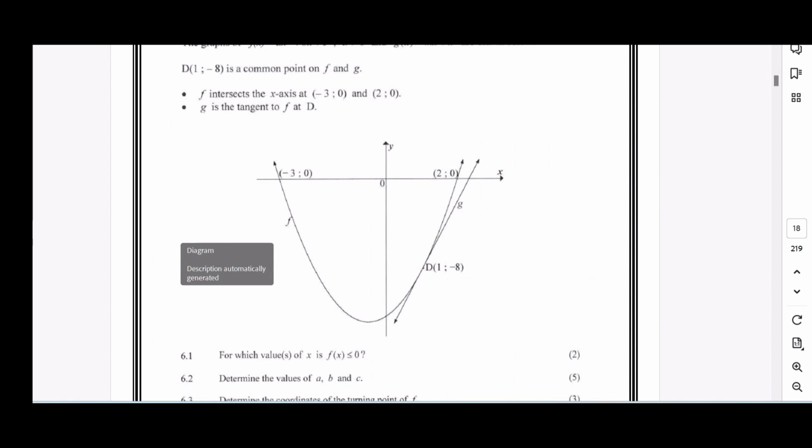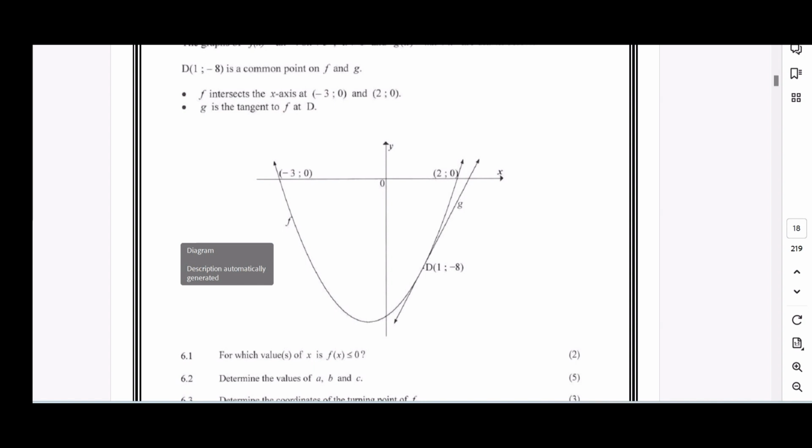Let's look at this question. I got it from the February March 2015 question paper, and I would like us to look at 6.2. However, before we answer this question, we need to read the statement and study the sketch to figure out what we are given, and how we can then find the equation of these graphs.